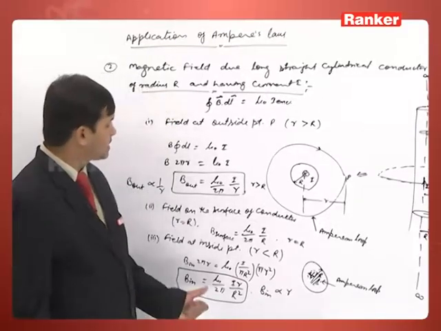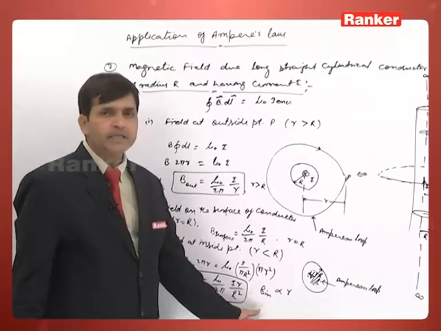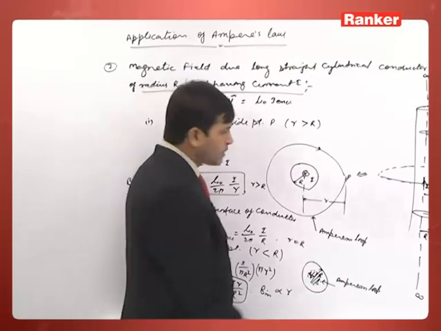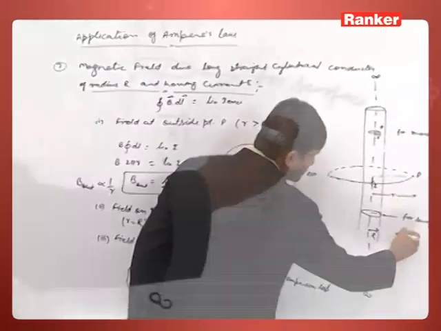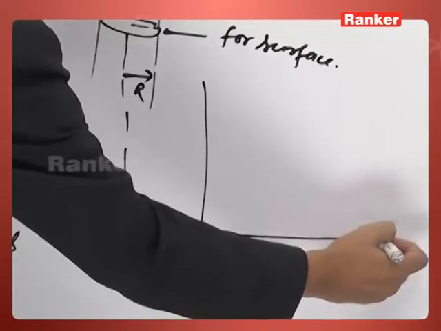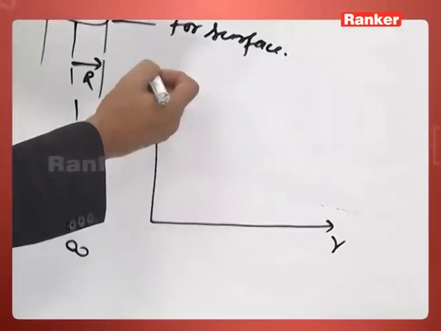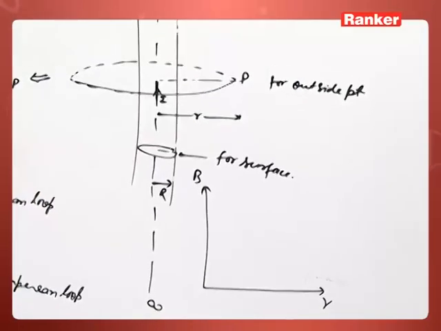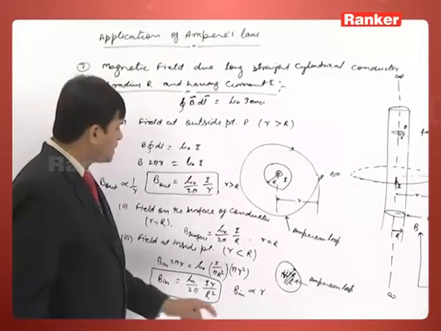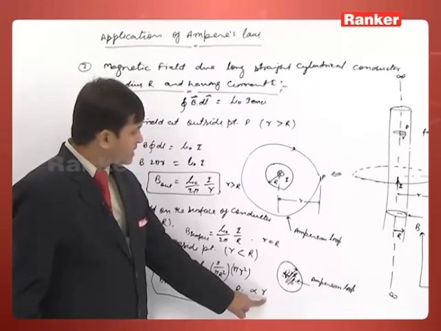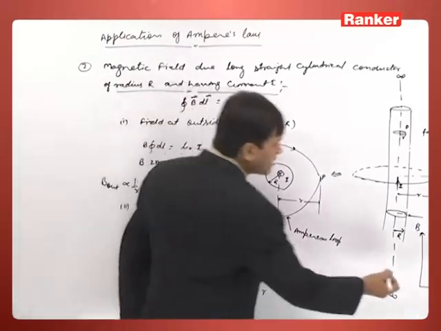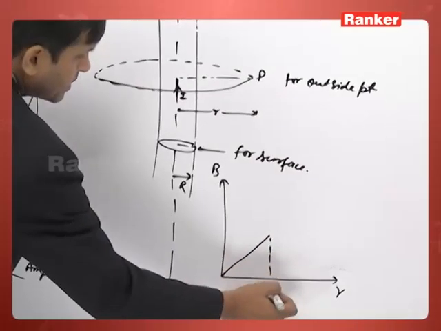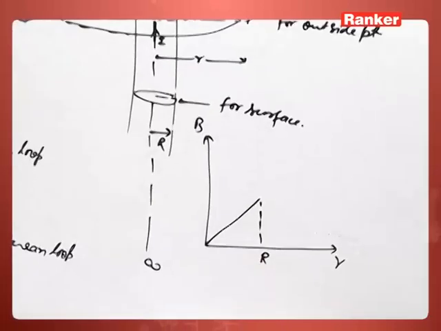If we want to make a graph of the variation of magnetic field from the axis of the loop, our graph will be like this. Let r be the distance from the axis and B the magnetic field. First we can say the magnetic field is linearly increasing as the distance r is increasing. Linearly increasing means like this, up to the surface.